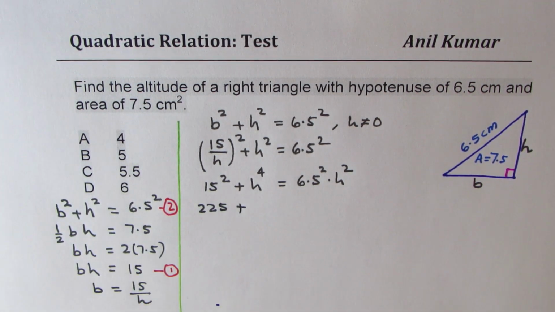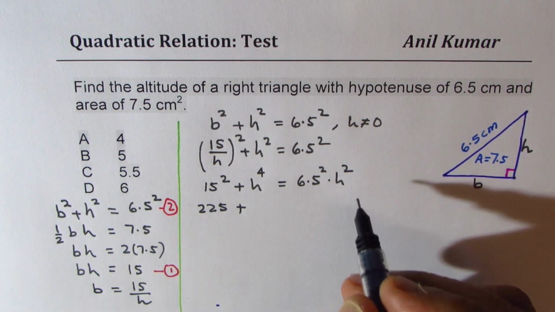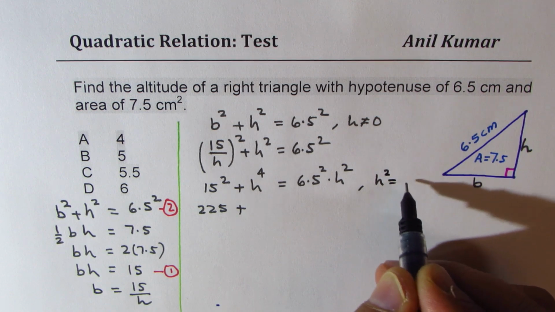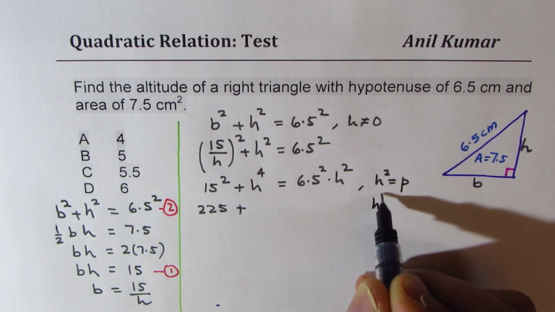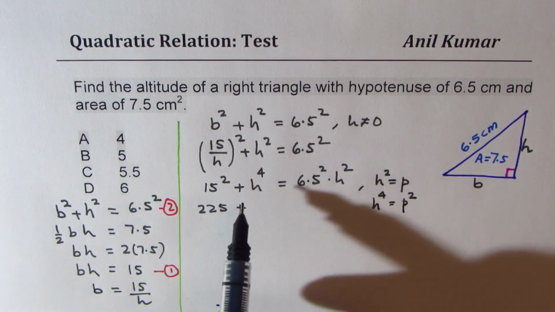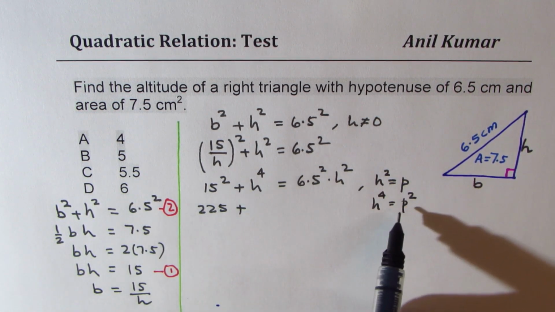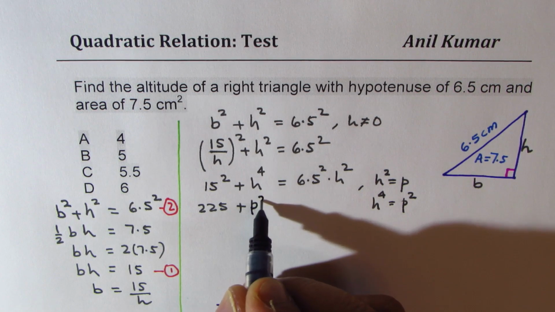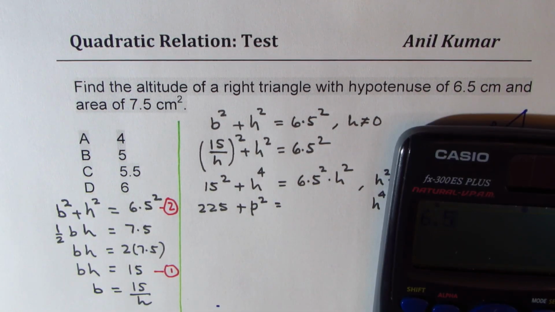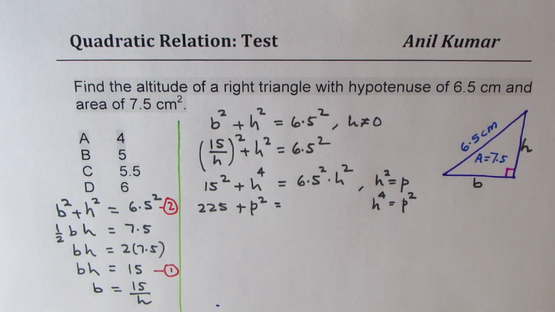We'll also make one substitution, and that is we will write h square as p. In that case, h to the power of 4 will become p square, correct? So this h to the power of 4 I'm replacing with p square, so that we get a quadratic equation. 6.5 square in decimals is 42.25.